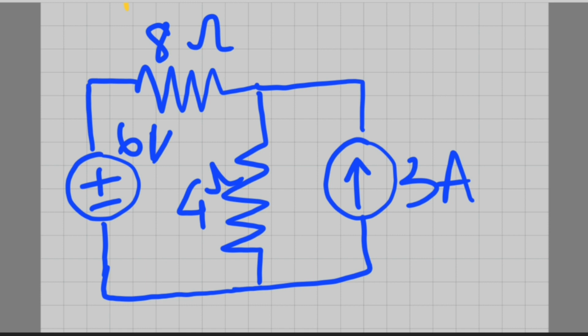In the question we observe that there are two sources present: one is a voltage source and the other is a current source. So we can start with any of the sources. Here I am starting with the 6 volt source, which is independent in nature.